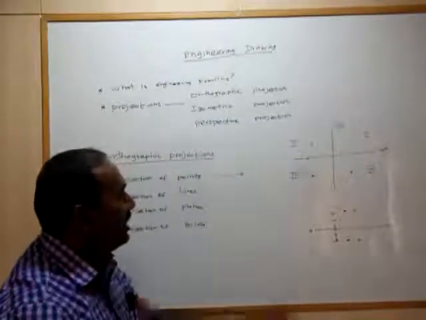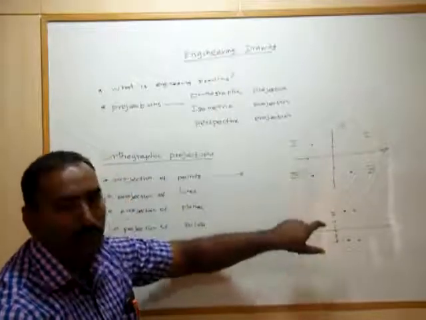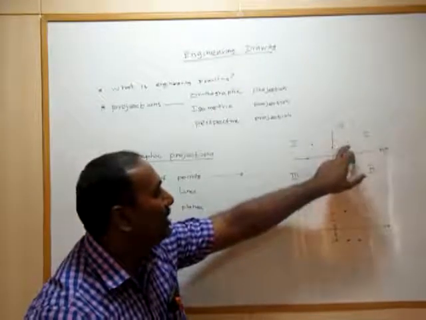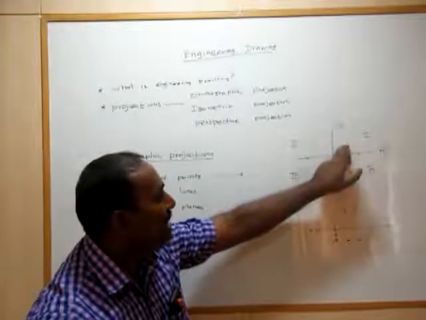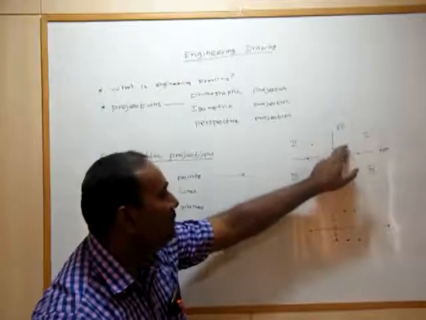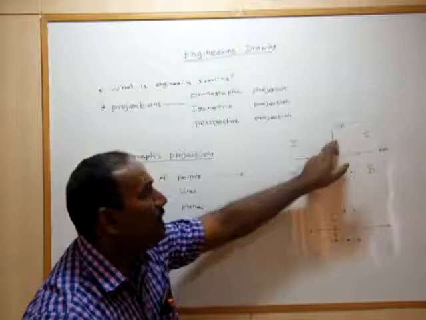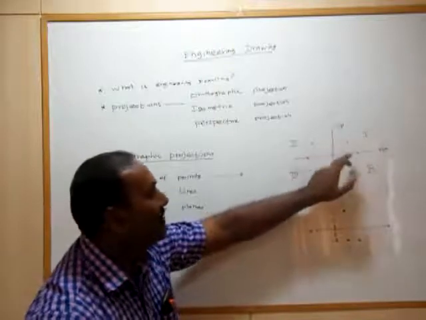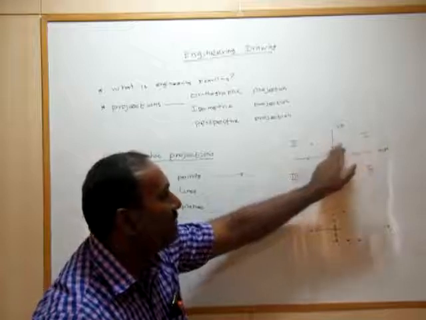So in this, I am going to show the projection of one point. If the point lies in first angle projection, here, it is above HP and in front of VP. If the same point lies here, it lies on VP and above HP. In the same way, if the point lies here, it lies on HP and in front of VP.